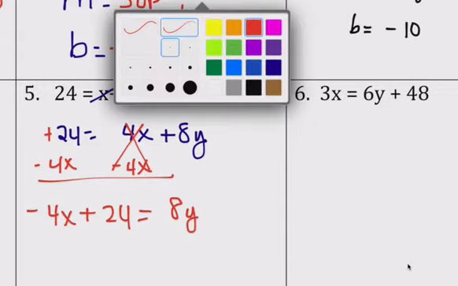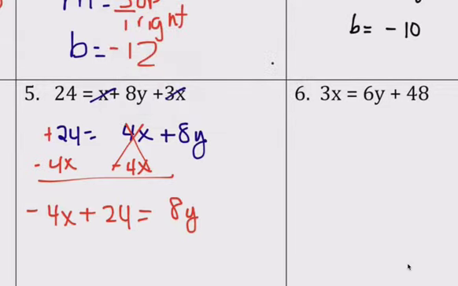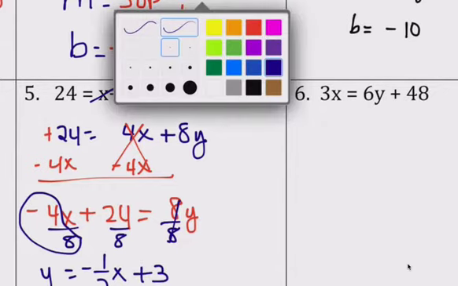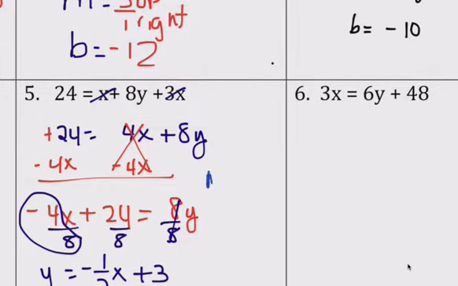We want to isolate the y, so you need to divide all of them by 8. Get y equals, this can be reduced to negative 1/2 x plus 3. So my slope in this case is negative 1 over 2, that means down 1, right 2. And your y-intercept is a positive 3.